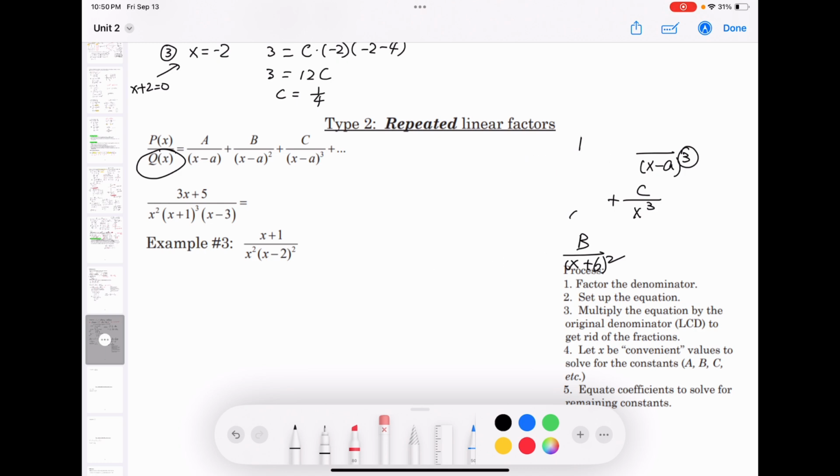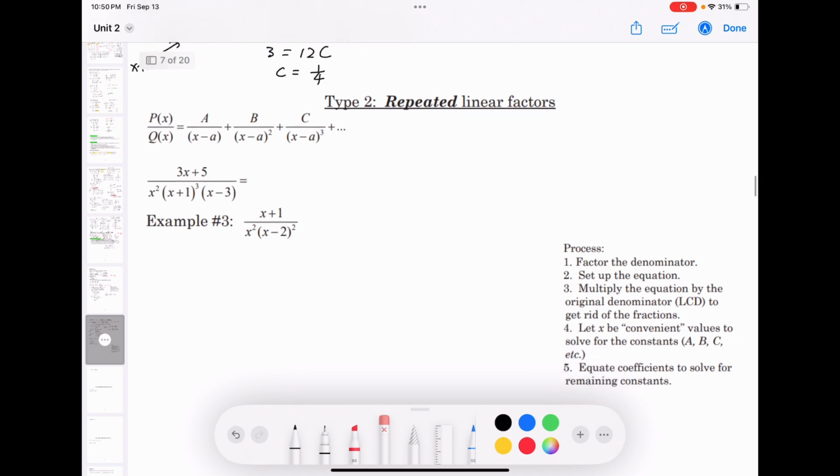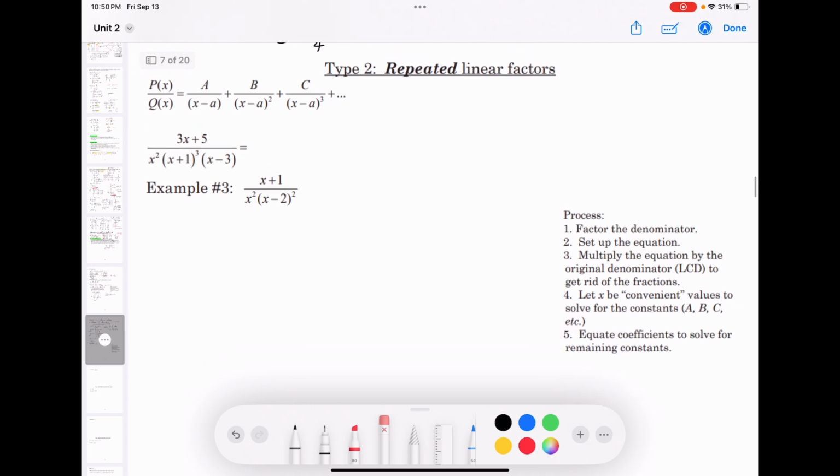All right, let's see the procedures. Here we have an example, where we decompose the denominator and find the equation, and then we talk about the procedures. First we see the denominator is x squared times x plus 1 cubed times x minus 3.